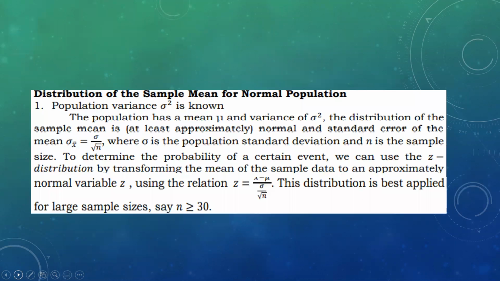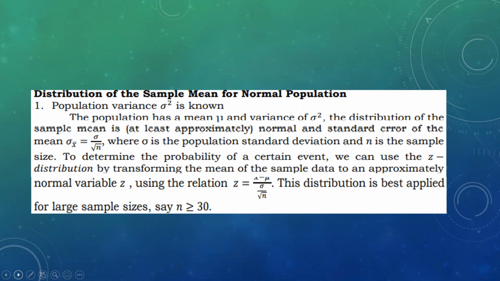Okay? So distribution of sample mean for normal population. So the population variance, sigma squared, is known. Kapag sinabi natin known, ibig sabihin, dapat nakita natin na definitely para makita natin yung population variance, dapat ang given is a population, not a sample, and may way tayo in order to find our variance.